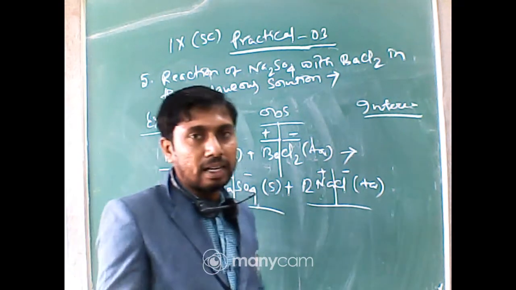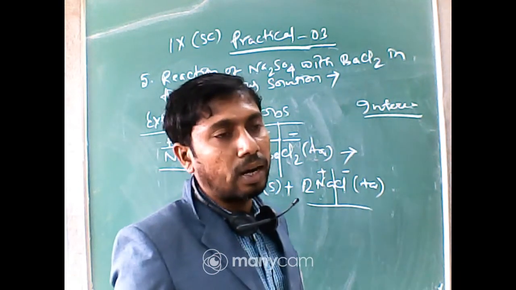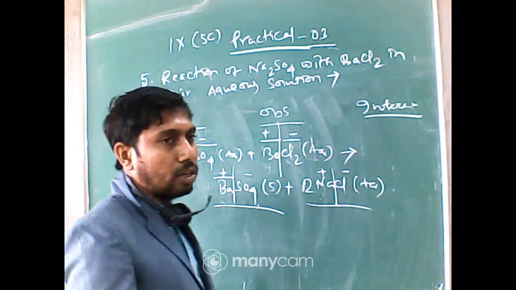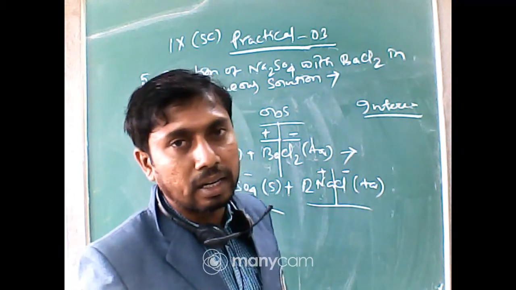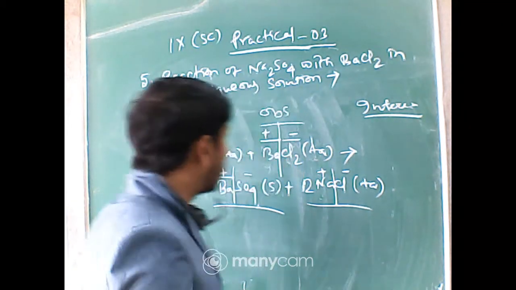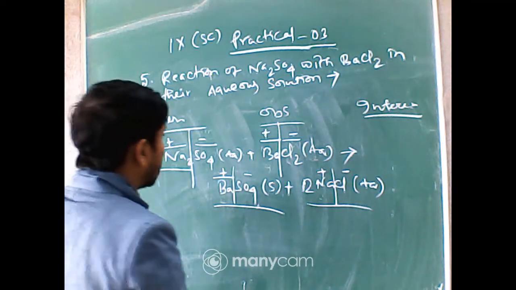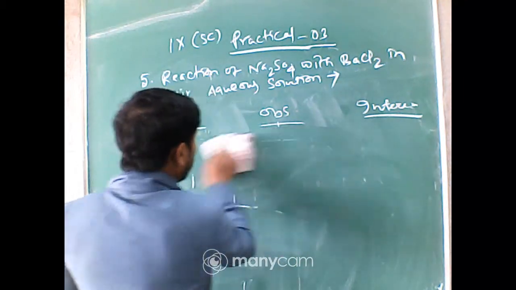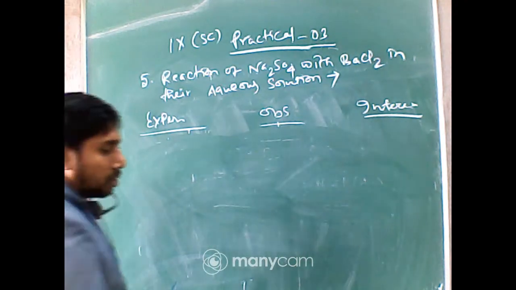That type of reaction is called a double displacement reaction. We will study this kind of reaction in detail in the next class, class 10. Here just a preliminary idea is given. Now come to the theoretical part of the experiment.